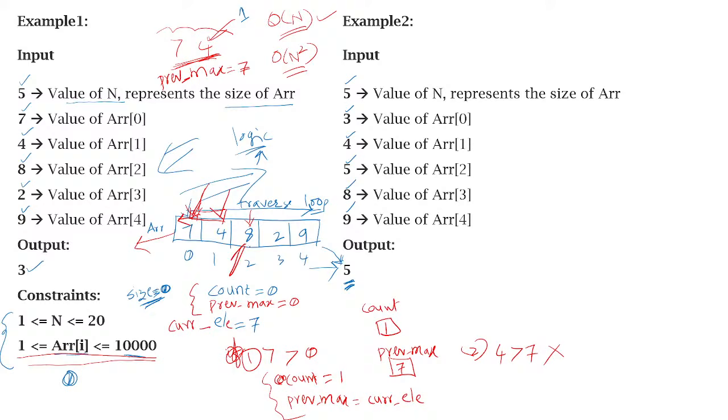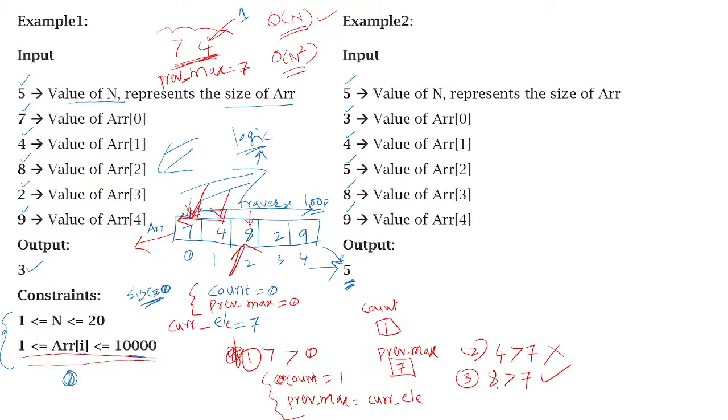What is the next element? 8 is the next element. So in the third iteration, compare whether 8 is greater than 7. Yes, 8 is greater than 7. See here, 8 greater than 7 means 8 is obviously greater than 4, so there is no need to compare with it. That is the default understanding.